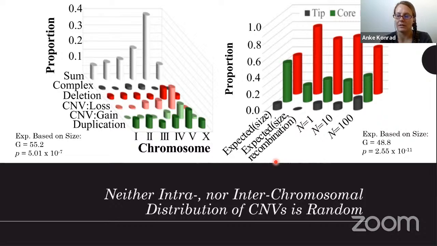So the sequence complexity of the arm itself invites more unequal crossing over or duplication itself, or deletion for that matter too. So this is not unexpected, but it is nice to see nonetheless.